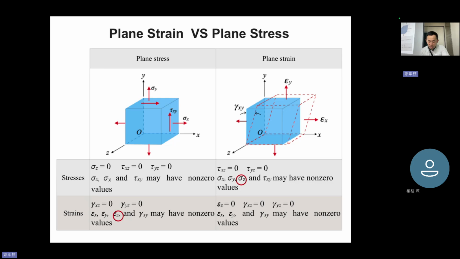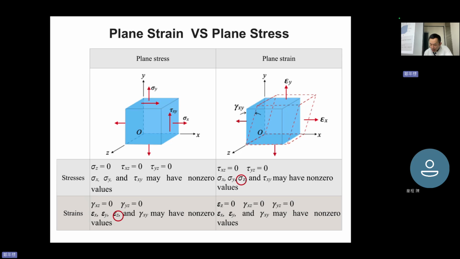Okay, now plane strain and plane stress. What's the difference? Plane stress is that stress has no z value. But plane strain is strain has no z component. They are all zero. But importantly, in plane stress you can still have epsilon z because of the Poisson ratio, I told you, right?